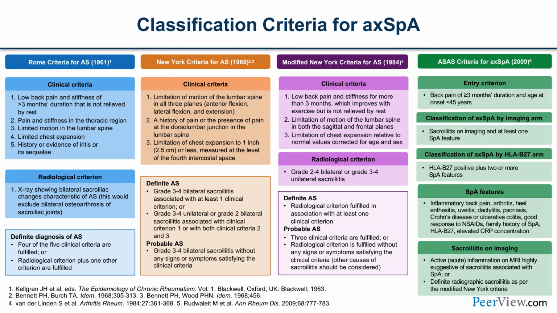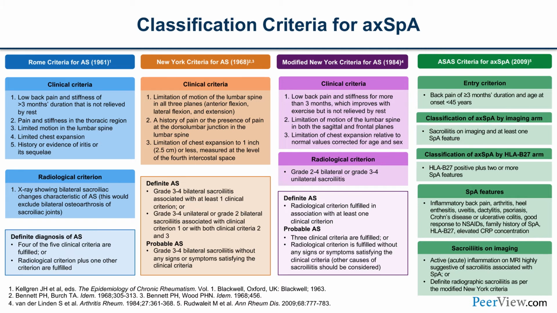Now, by 1984, we're starting to doubt the strength of this, but we didn't have any other type of imaging. Now, by 2009, the ASAS criteria, the society that studies spondyloarthritis, placed far different emphasis on entry criteria of having this chronic low back pain in a young person, and then also did include X-ray findings as one path, but also the presence of B27 and sacroiliitis on MR imaging.